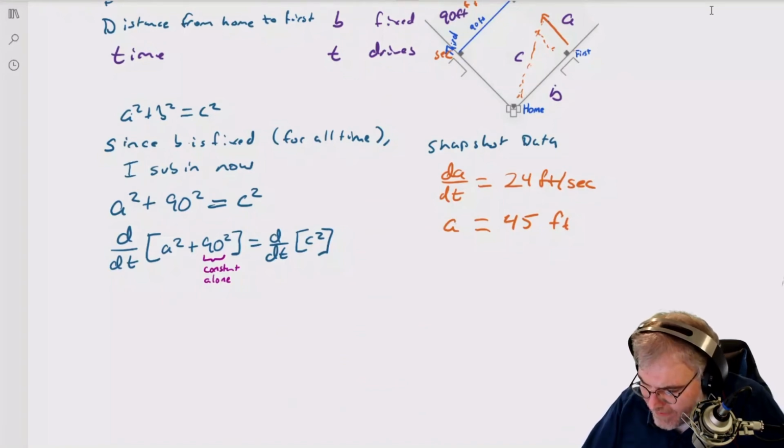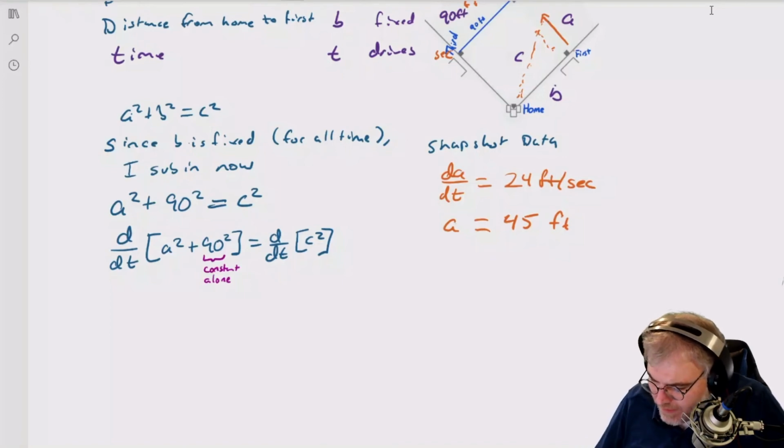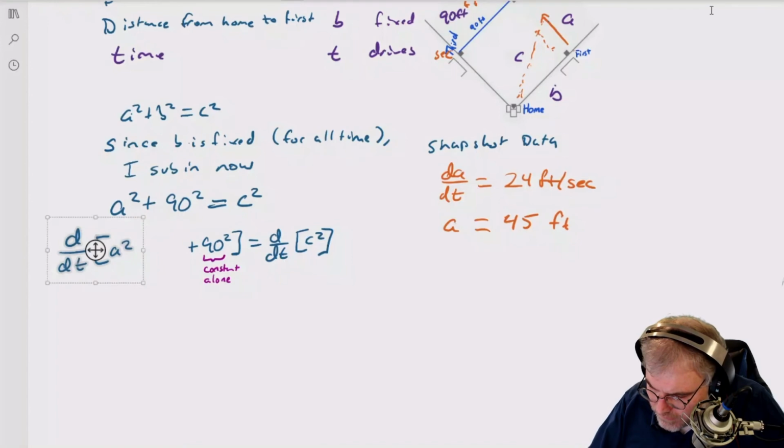So what I have here is d over dt. I'm going to need a chain rule. Let me just go ahead and pull this sum out real fast. I'll do it as a second step. Hold on.